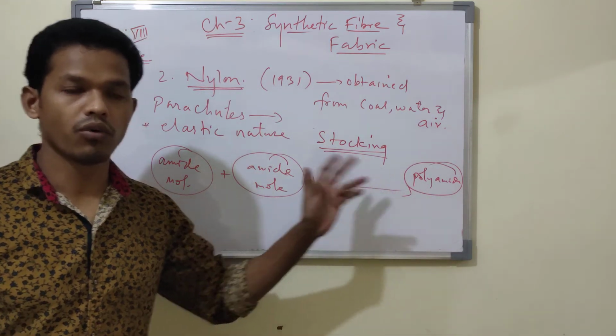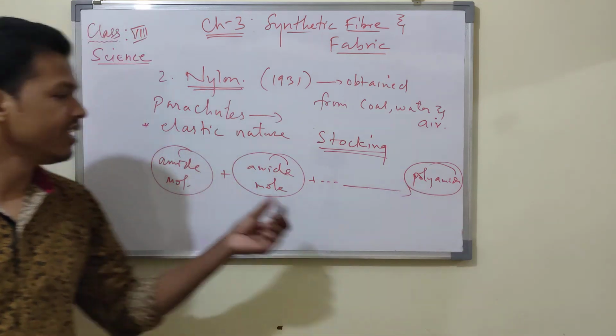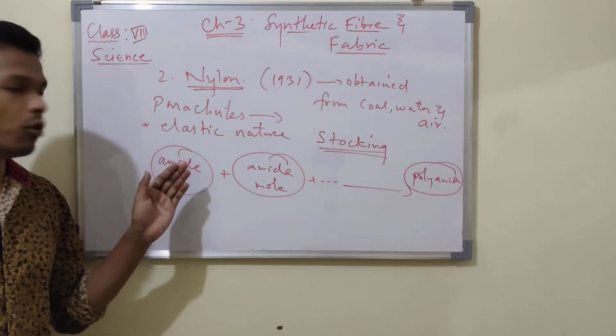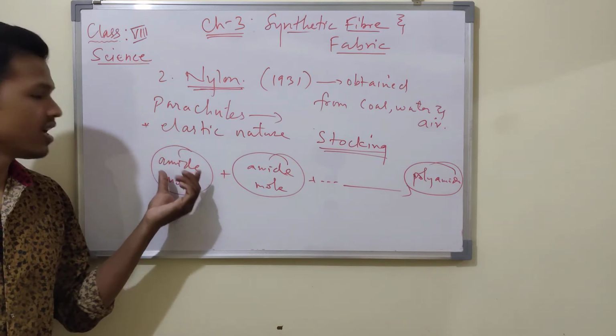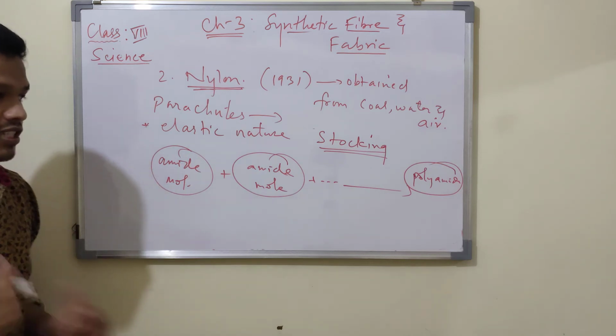Similarly, rayon is often, this also, amide molecules are often polyamide. But here, both are often from the same amide molecules, yet their chemical structures differ.